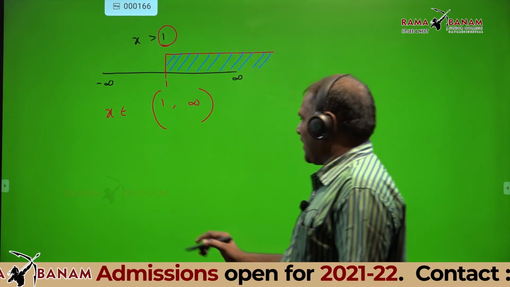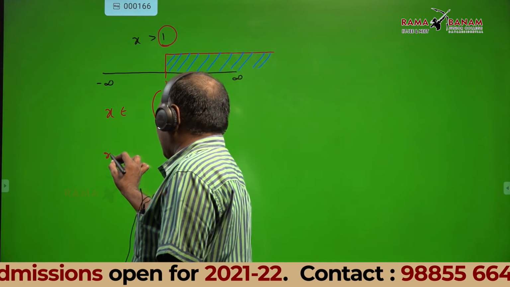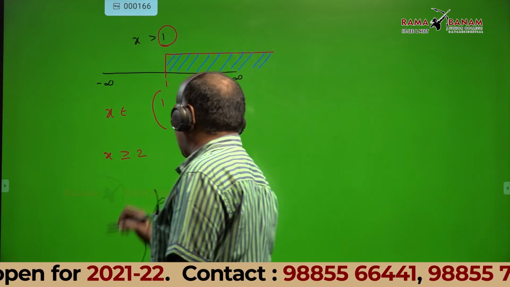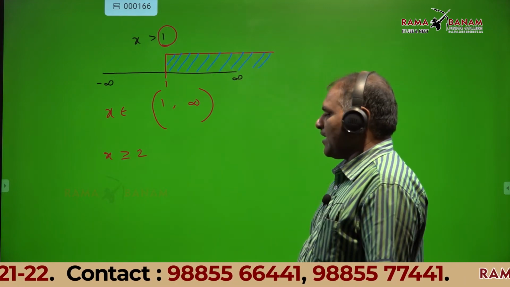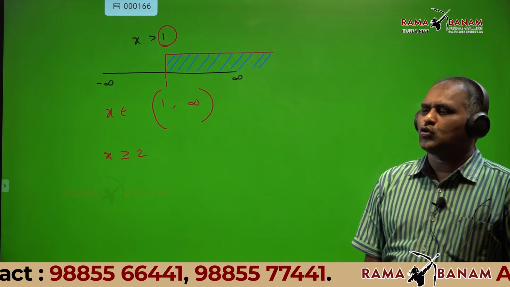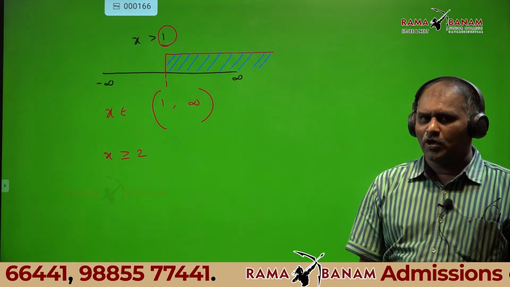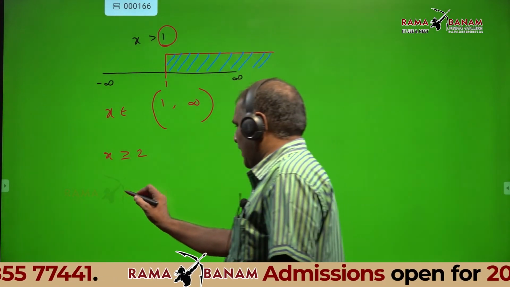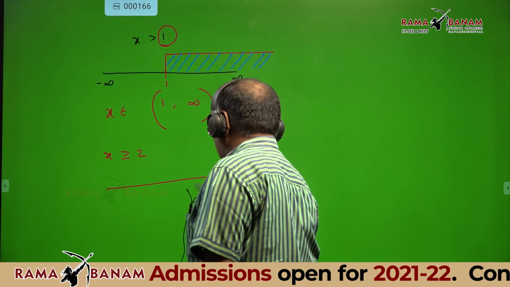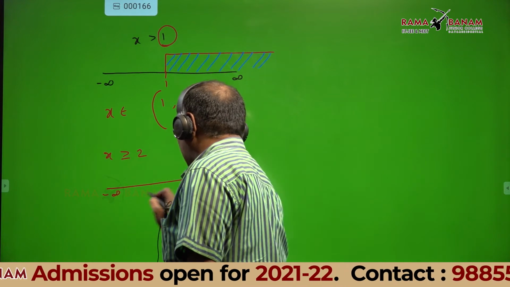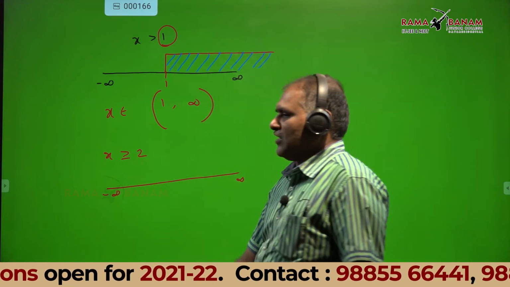Okay. And again, x greater than or equal to 2. How to find out? Here listen, same number line, minus infinity to plus infinity.